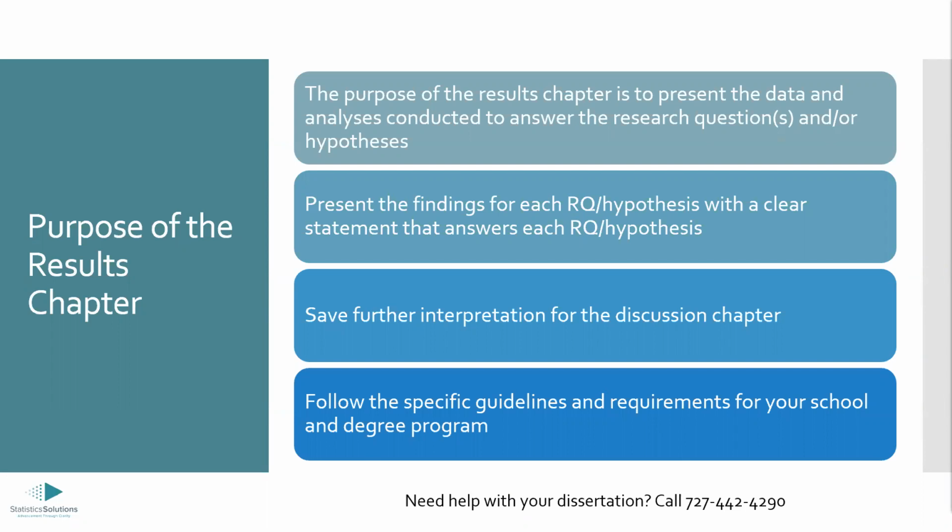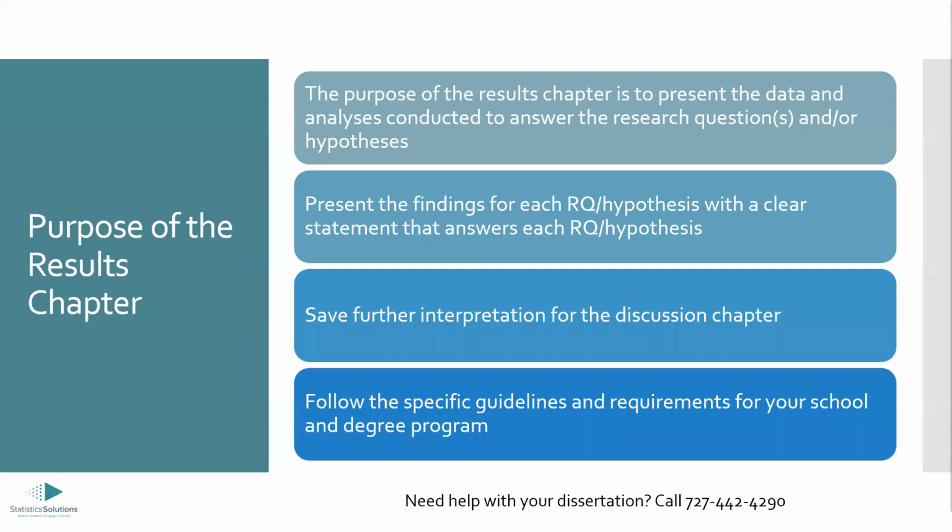So the previous chapters of the dissertation set out to establish why and how you are conducting your study. So your introduction and literature review chapters set up why your study needs to be conducted. Your methodology chapter sets up how you're conducting your study. Once you get to the results chapter, it's time to actually show the results of your study and what you found.